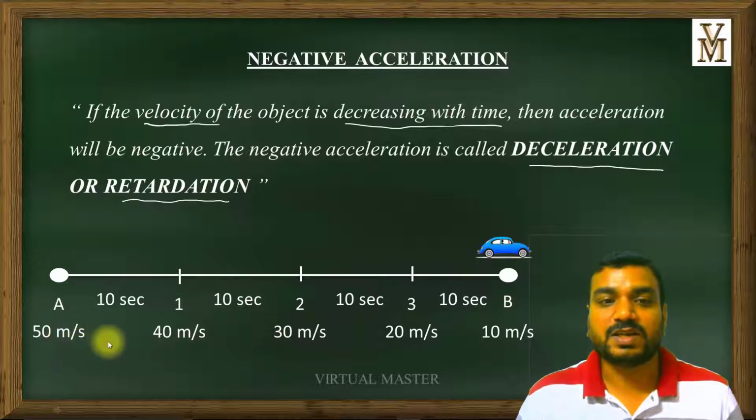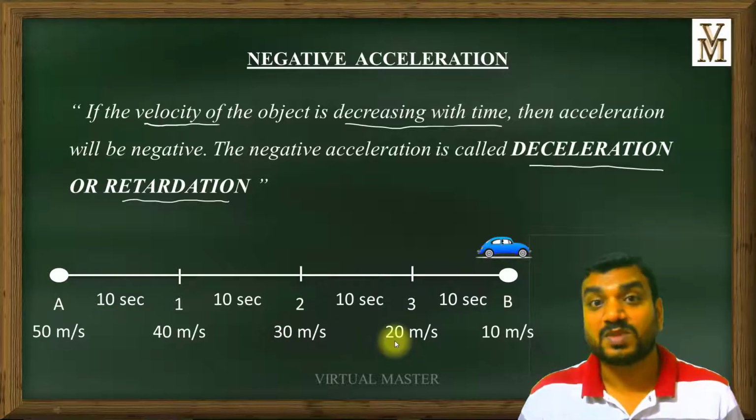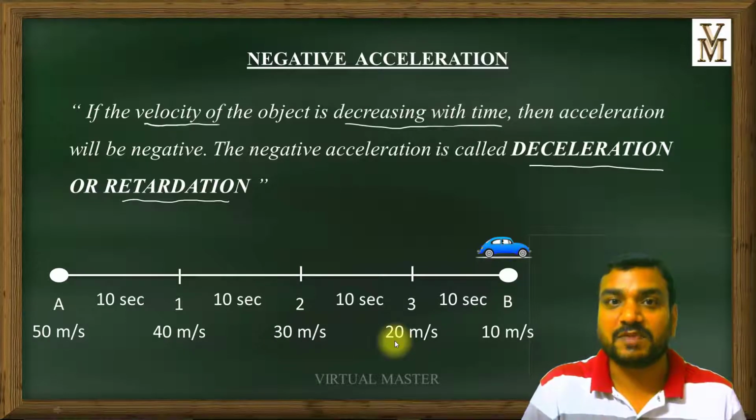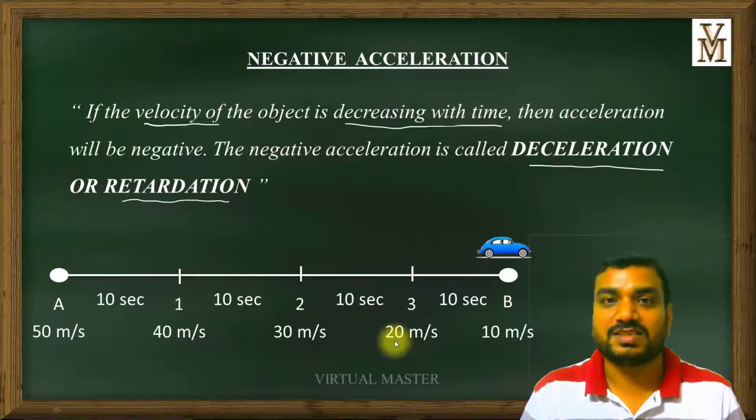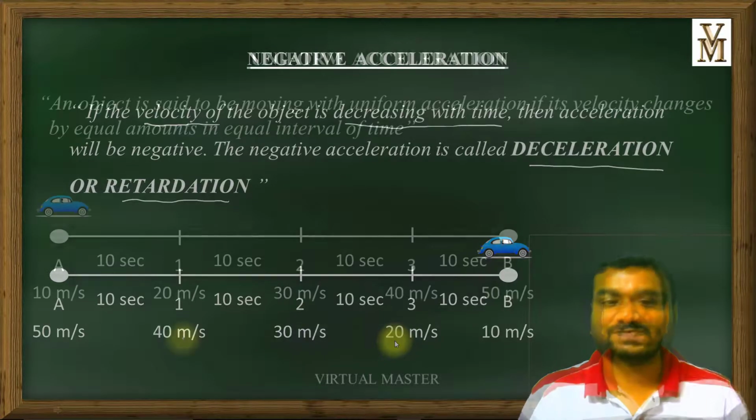First it was 50 meter per second, next 40, next 30, and next it is 20 meter per second. So we can say that the car is having negative acceleration, or the car is in retardation. I hope everyone has understood the concept of negative acceleration.